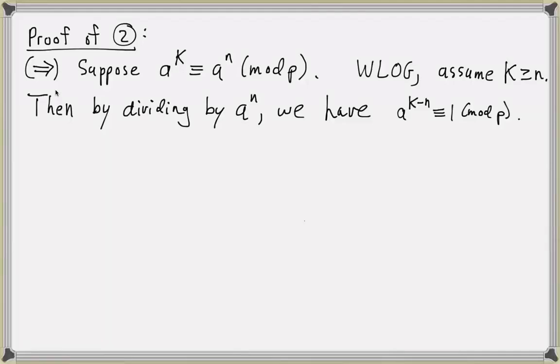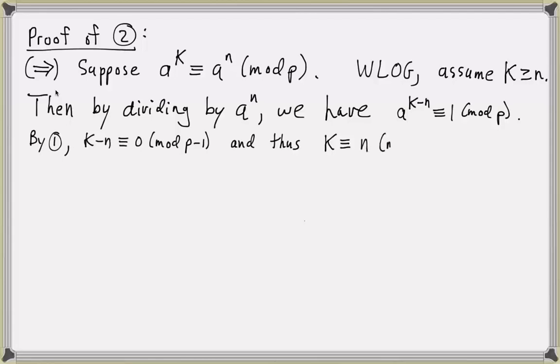But by 1, we've shown that that means that k minus n is congruent to 0 mod p minus 1, and therefore k is congruent to n mod p minus 1.